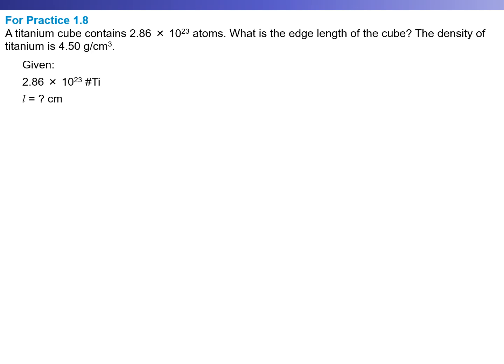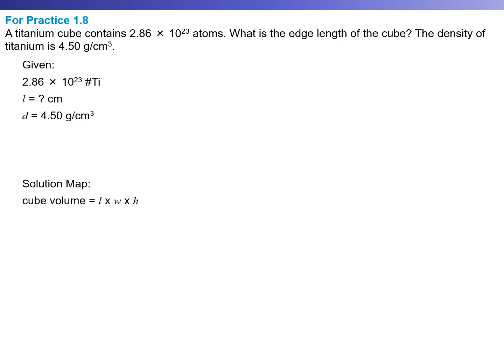Now, another piece of information that's really going to be important to us is that density measurement. So we know that the density of titanium comes in at 4.5 grams per cubic centimeter, and that's going to become important to us as we solve this problem. Now let's go ahead and set about figuring out our solutions map. At the beginning of this problem, I said that we need to know how the volume of a cube is calculated. A cube is calculated based upon its length, its width, and its height.